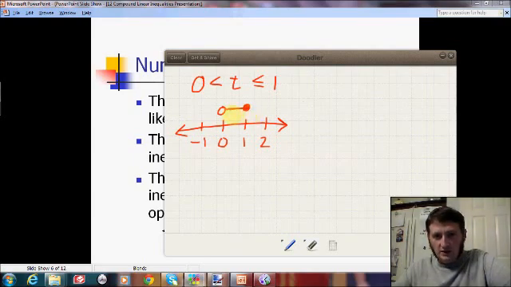And t is any of these numbers in between. So t could be 0.5 or 7/8 or 0.000137. Doesn't really matter. Pi over 4 would definitely be between 0 and 1. So t could be a lot of different things.